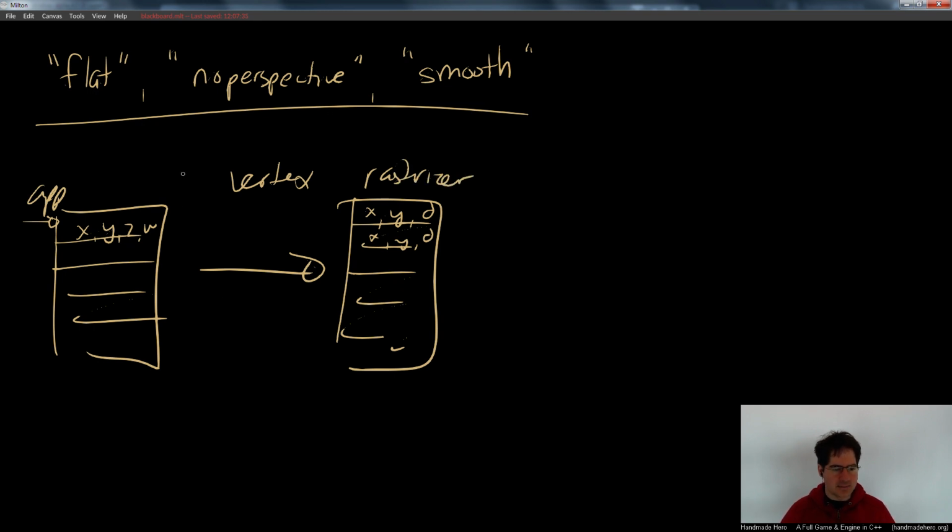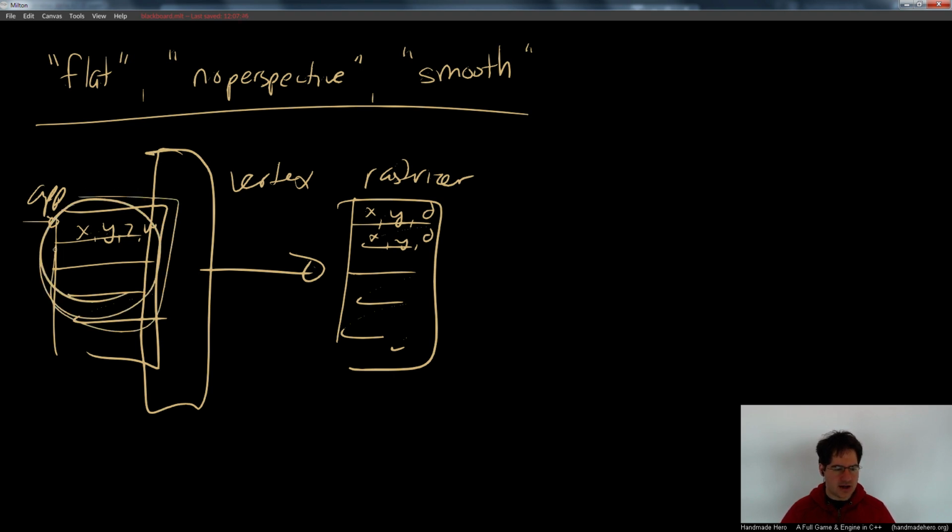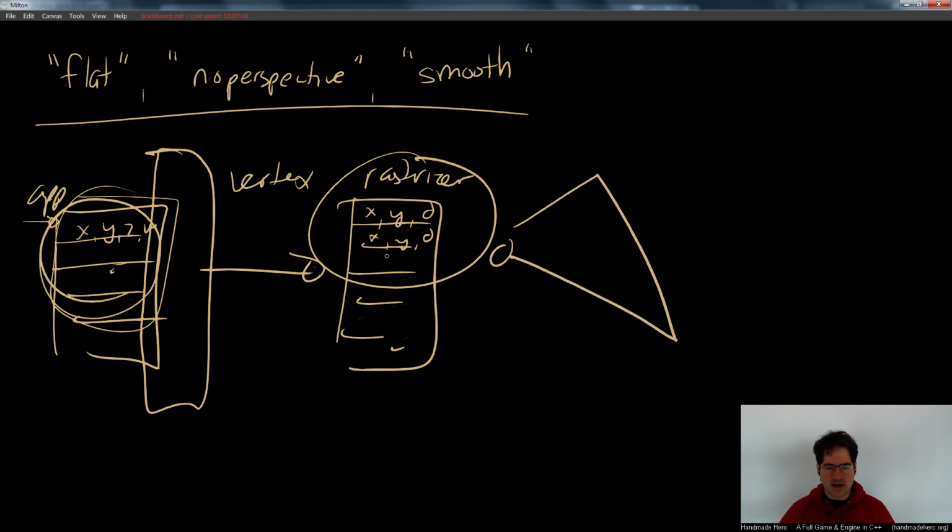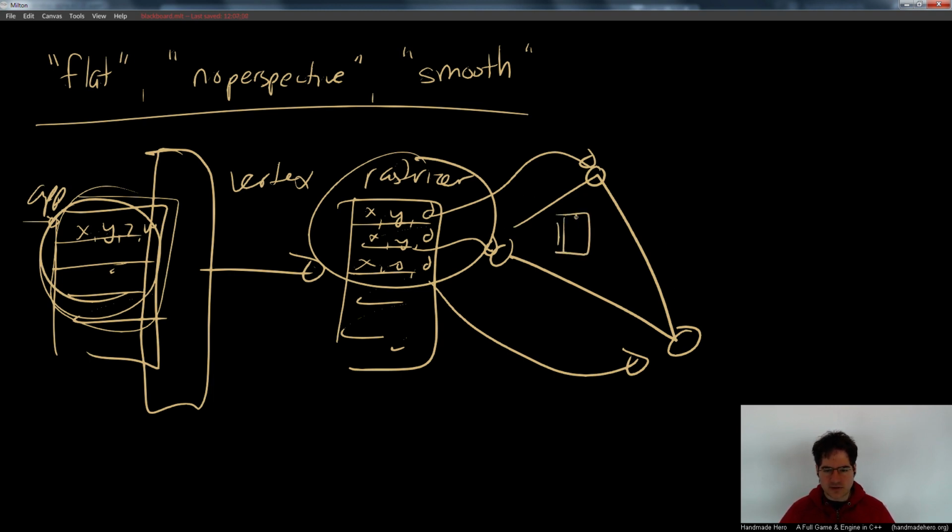At no time was there anything here that needed to interpolate any values that it got. But once these come to the rasterizer, it's going to line up these as a triangle. It's going to go like, oh, here's this guy, and here's this guy, right? Here's my triangle.